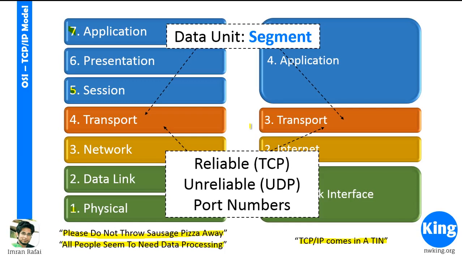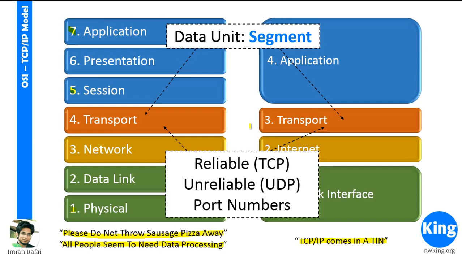When applications need reliable communication, the transport layer uses TCP, which is an acronym for Transmission Control Protocol. If it wants unreliable communication, it uses UDP, which is an acronym for User Datagram Protocol. When I say reliable, it doesn't mean it is better than unreliable. The only difference is that reliable communication has to get an acknowledgement for every packet that is sent.